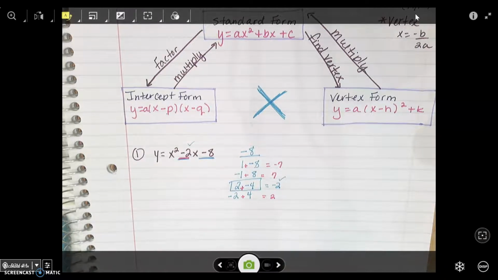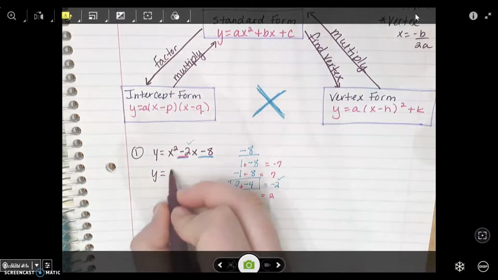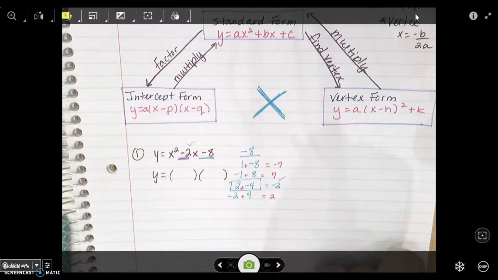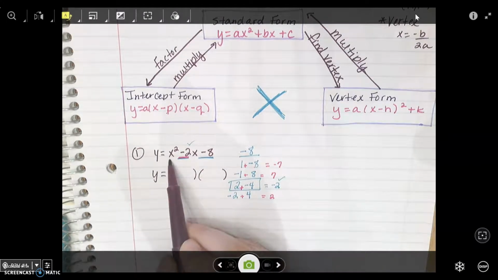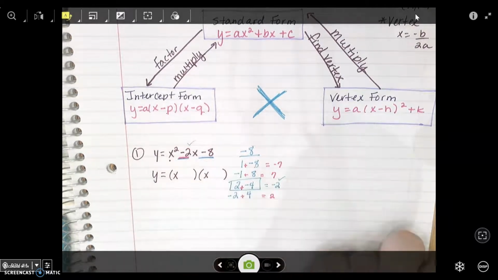So now we just have to set it up like we factored it. Okay. So we're going to keep the y equals. And when you factor something, you're factoring into two binomials. This should be kind of a given thing. You're familiar with this. How do you get x squared? Well, that's from x times x, right?